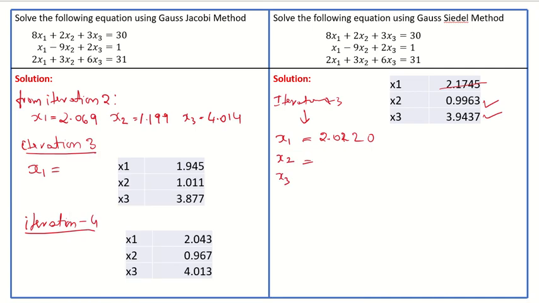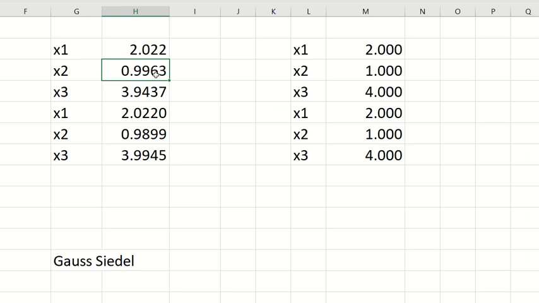Okay, in the equation I am using ABC, and this value of x2 from 0.9963 is updated with 0.9899, and this value you are going to use to find out x3.